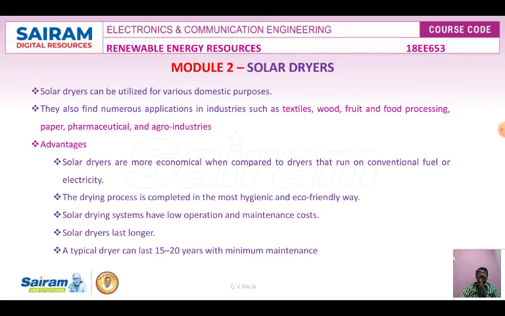But solar is abundant energy, it is non-exhaustible, it lasts longer. And if you install a solar dryer, every 15 to 20 years we need only minimum maintenance. And what are the limitations?